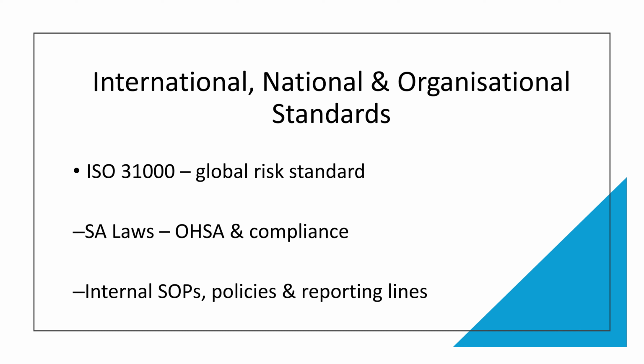Organizational standards include internal policies, SOPs, shift handover procedures, quality protocols, disciplinary rules, and reporting structures. These internal rules guide production supervisors in leading safely, ethically, and compliantly. Now that we understand that these standards guide us, let's explore the principles that shape risk management itself.